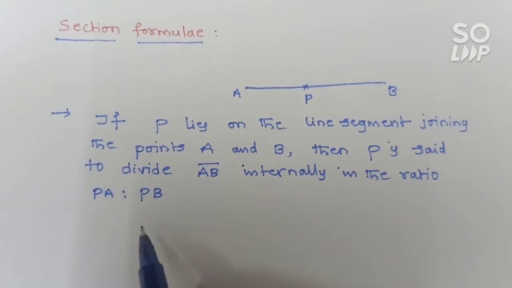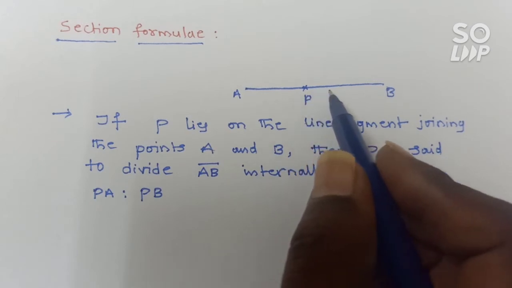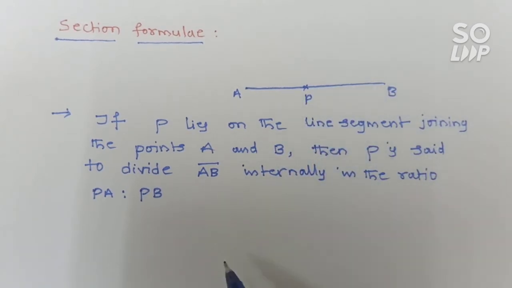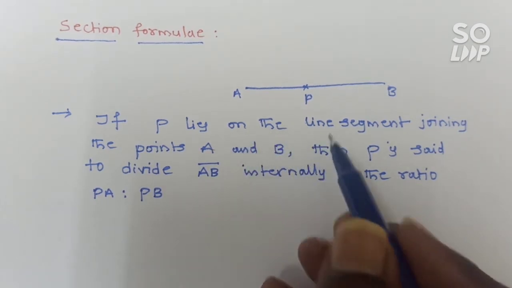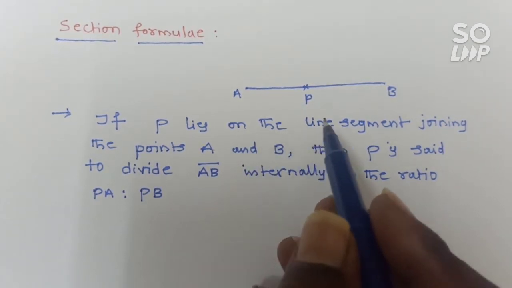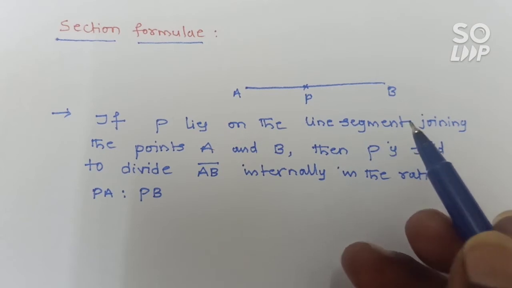Now this one is that P divides AB internally in the ratio PA is to PB. Suppose the extended line AB is divided in the ratio minus PA is to PB, then P divides AB externally.